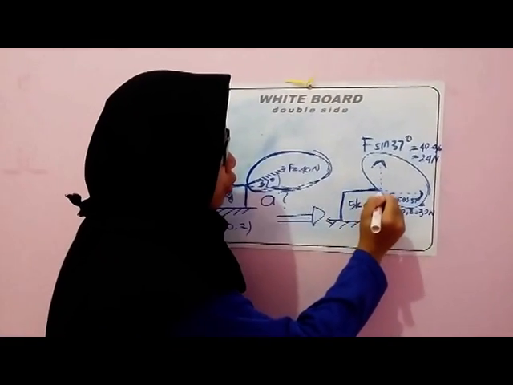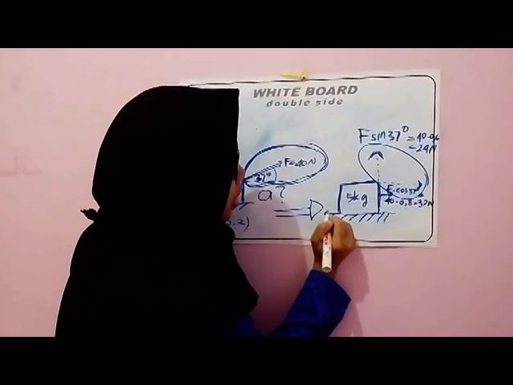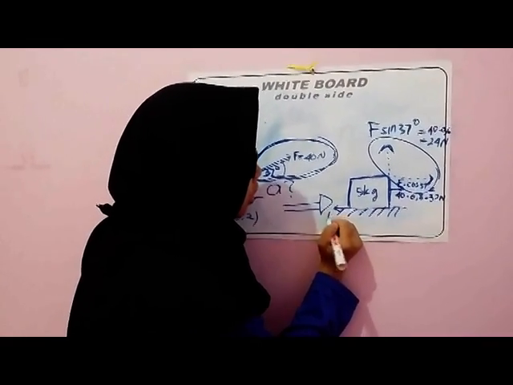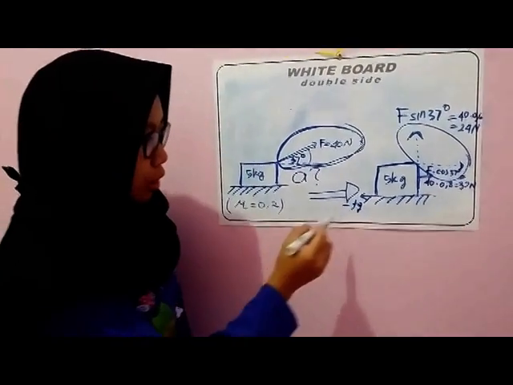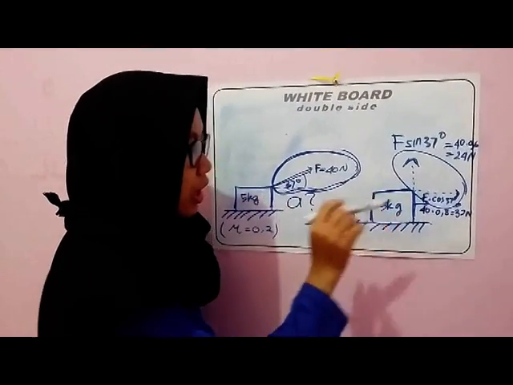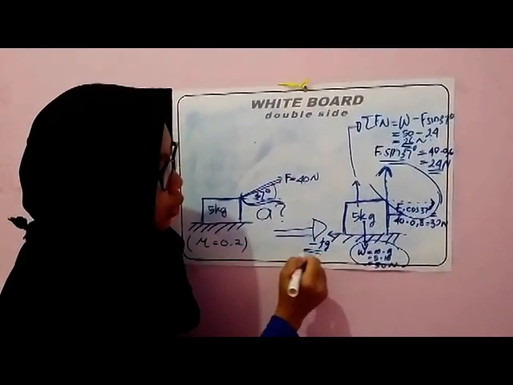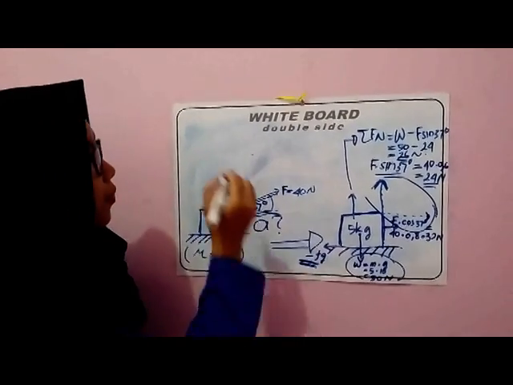We will pull to the right, so the friction is to the left, and it is minus because the friction and the pull on this box are opposite. We will find the value of friction.